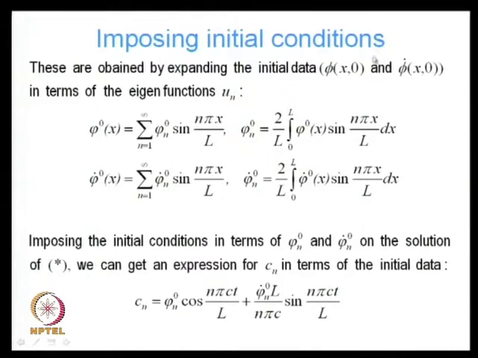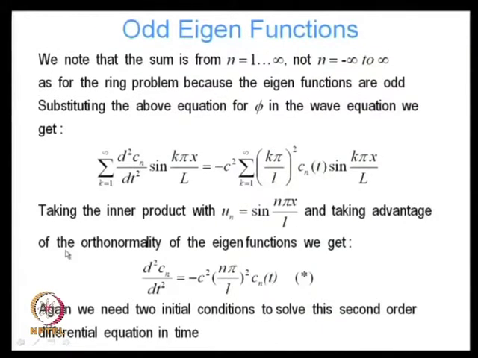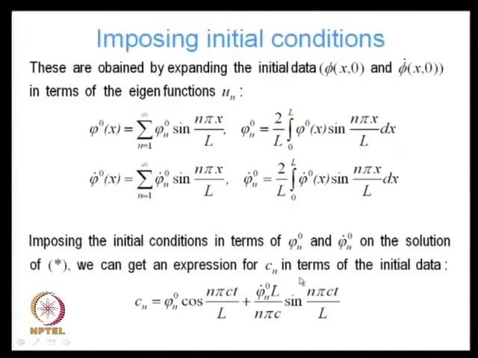So I do that here, and these coefficients I am going to evaluate using the orthonormality property of my eigenfunctions. Imposing the initial conditions in terms of phi 0 n and phi dot 0 n on the solution of star, which is this, we can get an expression for Cn in terms of the initial data.